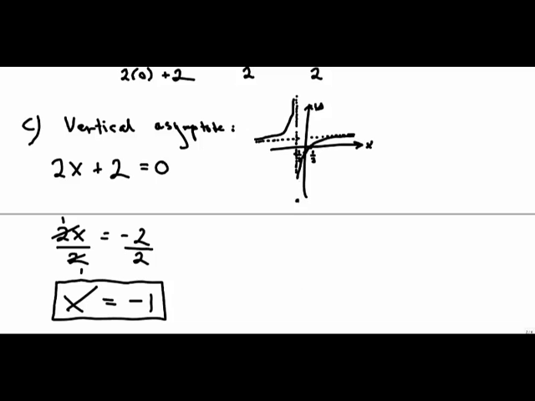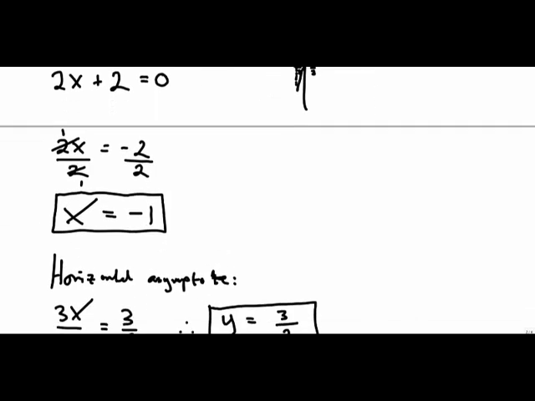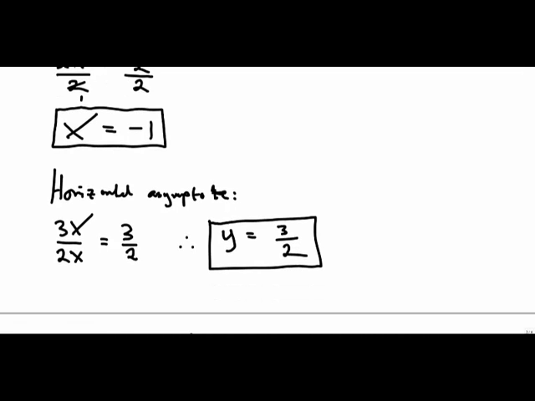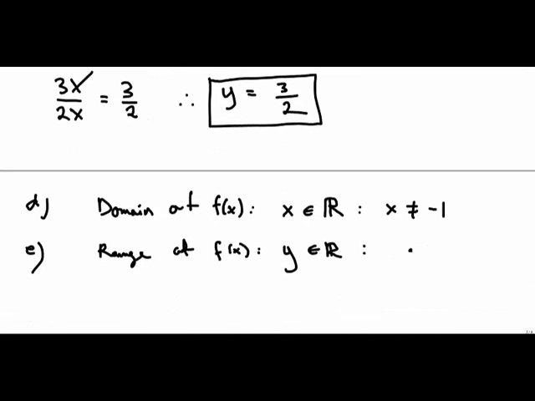So all the negative values are here, crossing the x-axis, going up here. We're never going to have this y value. All the other y values up here, positive y values, are going to be allowed, but this y value, the horizontal asymptote, y is equal to 3 over 2, is not going to be allowed. So not equal to 3 over 2 or 1.5. All other real y values are allowed.